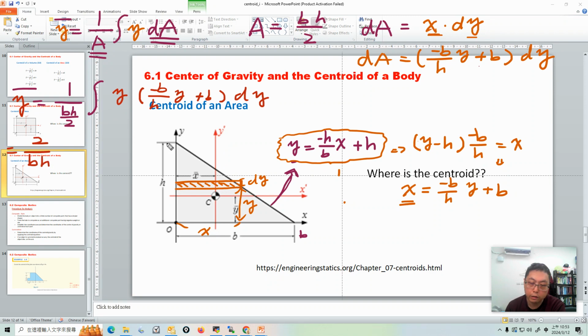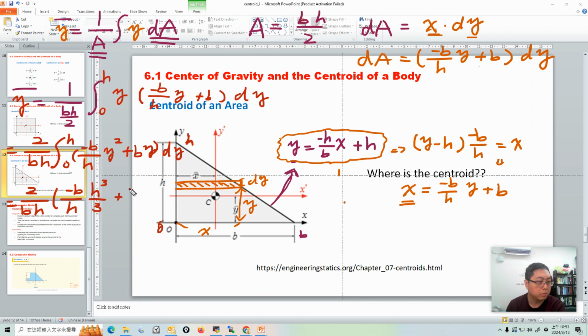So don't forget the range. The integration is along the y direction, so it's from 0 to h. So let's see what this is going to be: the integral of minus b over h y squared plus b y dy. Let's do the integration. I just do a very quick calculation because it's easy, so you don't need to spend too much time on this.